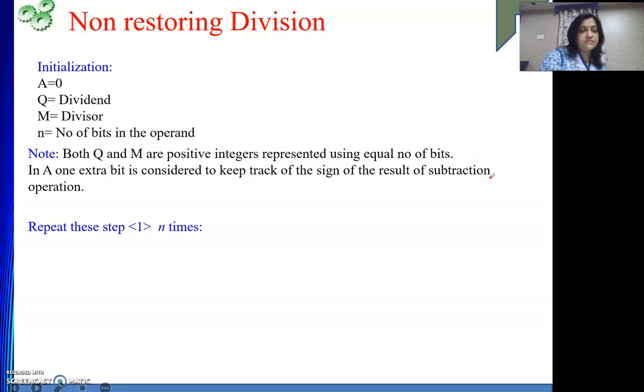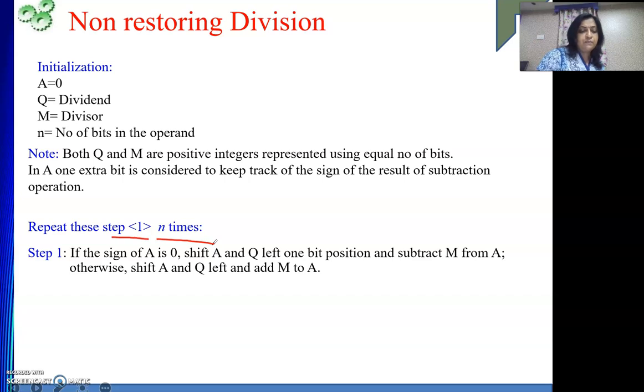So the algo is starting. Repeat step number 1 n number of times. What is step 1?